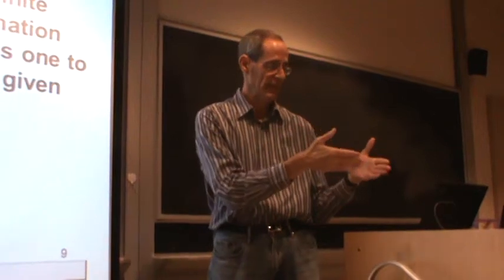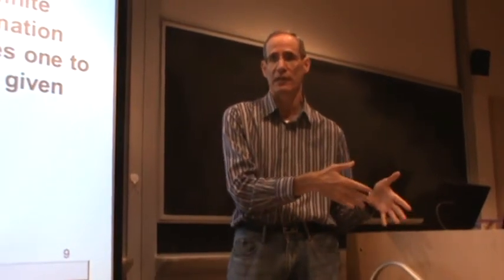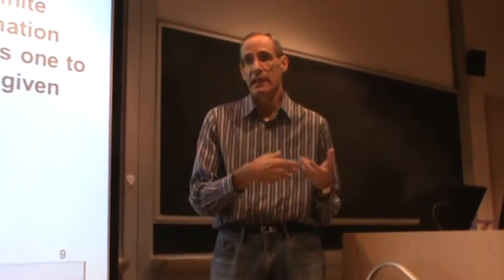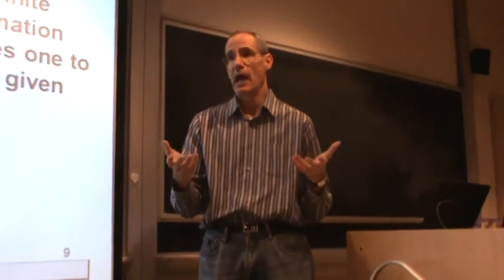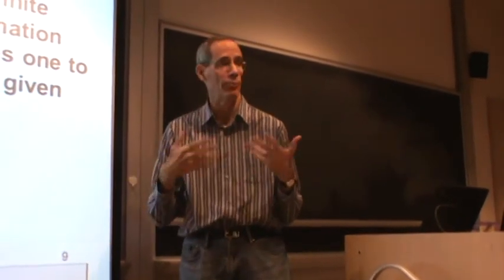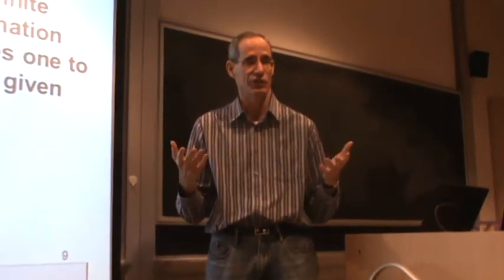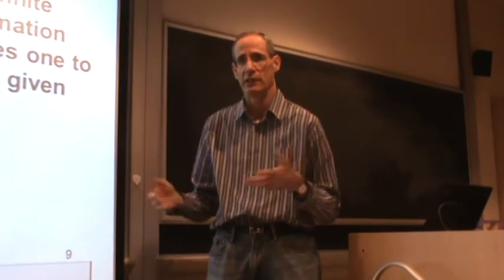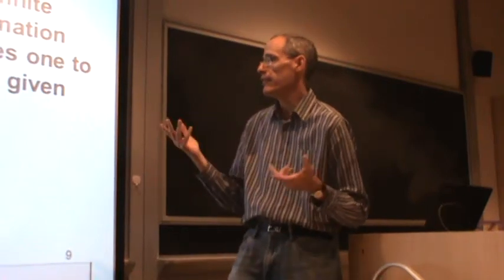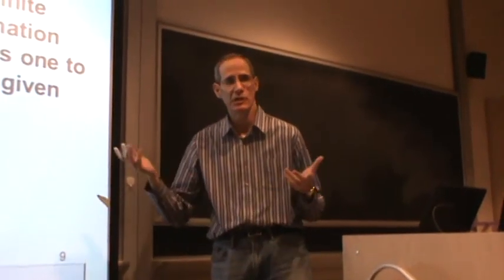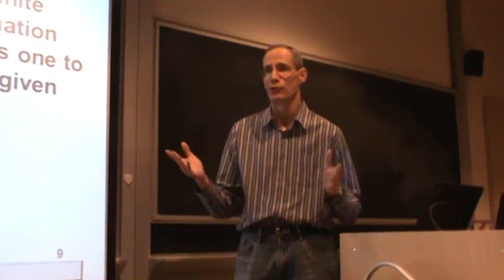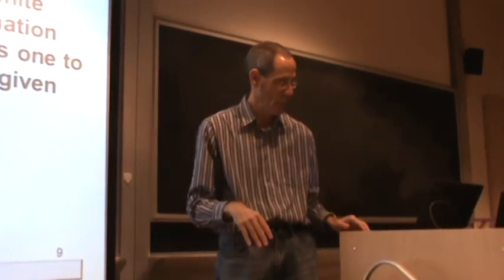So I have a very small amount of information that I have to maintain, and then a constant time procedure that enables me to approximate how many points I have inside each triangle. And the same holds for anything of bounded VC dimension. So this would be one implication.